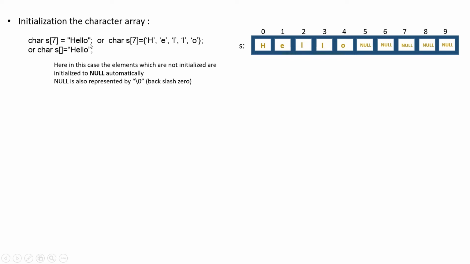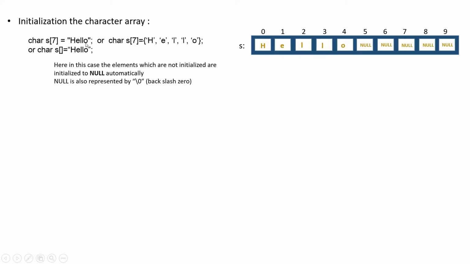And you can also initialize it by not defining the size of the array, as we have seen previously in the integer array. So what happens in this case is, suppose you have declared the size of the array as 7 and you have initialized it to "hello".